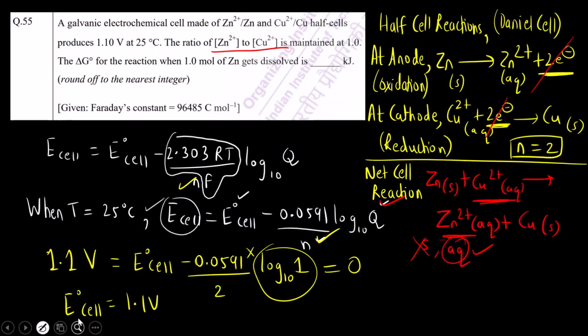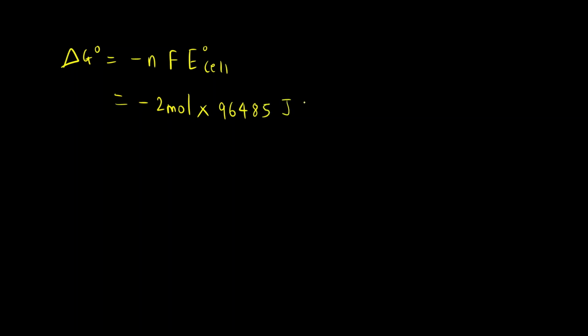Now we can find out the value of delta G0. Delta G0 is minus N F E0 cell. N is 2, 2 moles of electrons involved, into Faraday's constant 96485 coulomb per mole, into E0 cell, which is 1.1 volt.